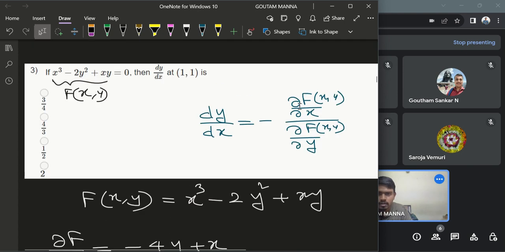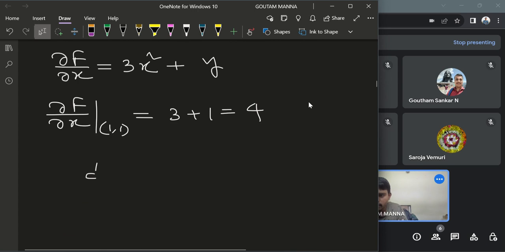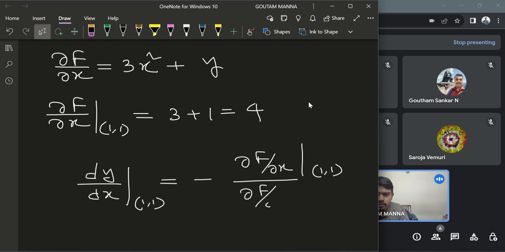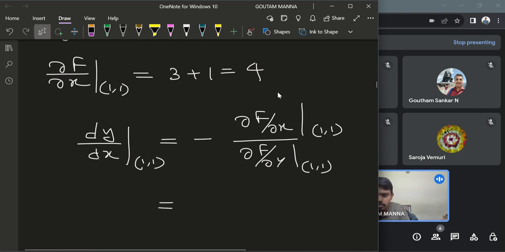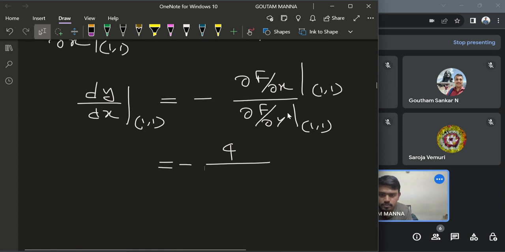So this dy dx we can uniquely define, and its value will be dy dx at point 1 1 equals to minus of del f del x at point 1 1 by del f del y at 1 1, which is 4, minus sign here, and del f del y is minus 3 at point 1 1, minus 3.